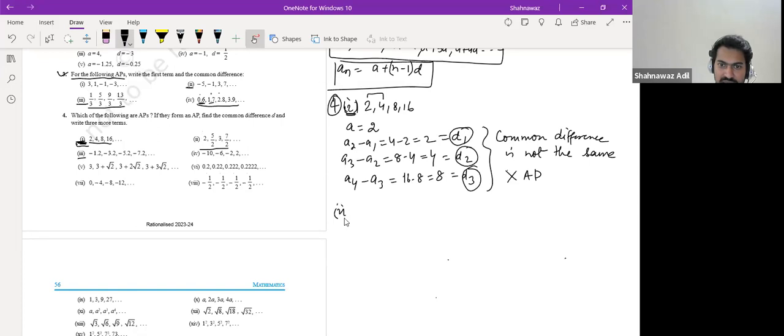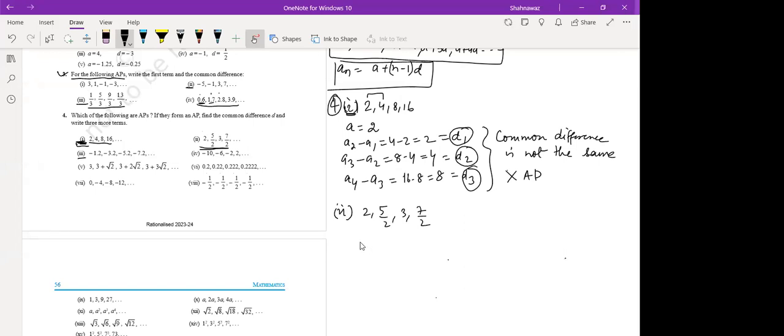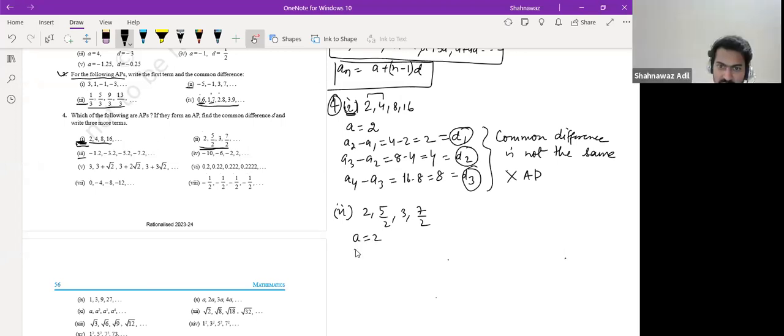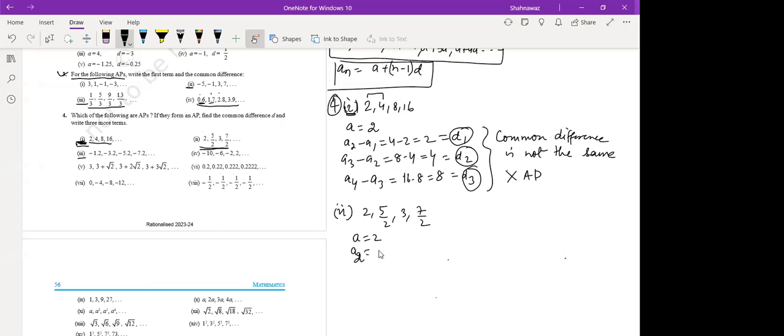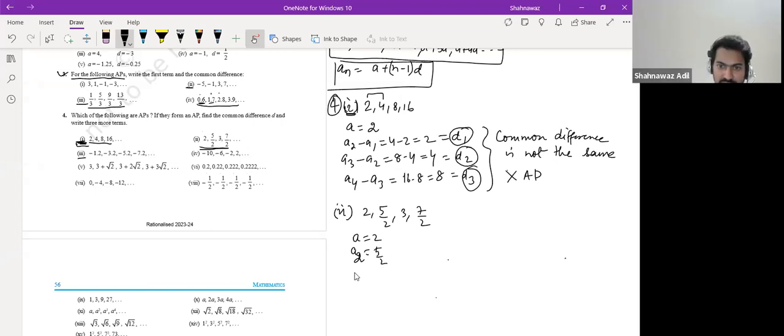Yes, Talha. For this progression, you tell me what is the first term? A is 2, and A2 is how much? 5 by 2. Now the old Talha is coming back.